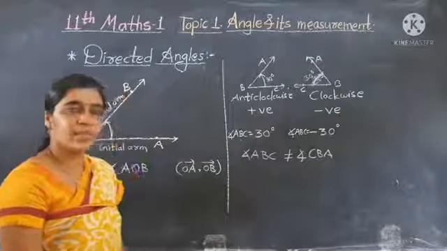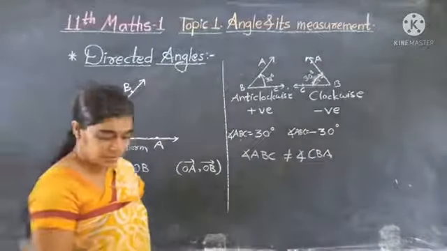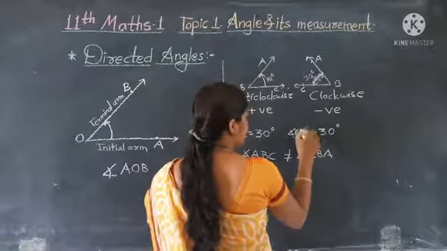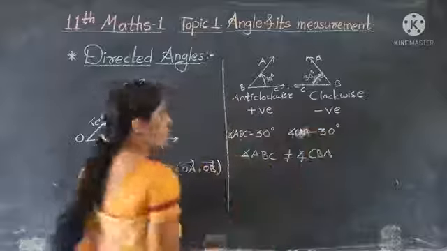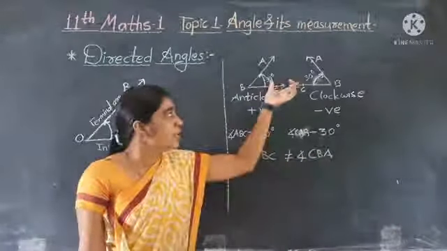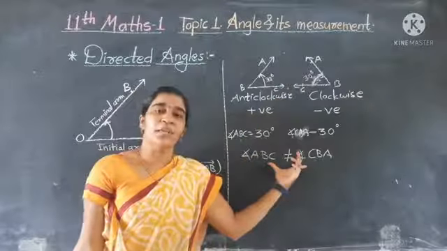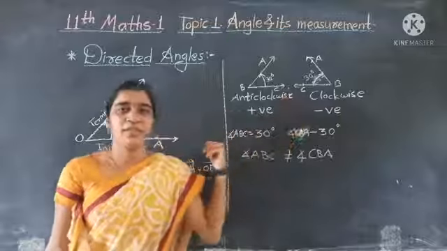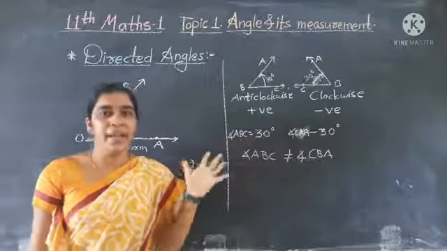This angle is ABC, this angle is CBA. Here both the directed angles are not the same because one is positive and the other is negative. Okay, understand, the first point is the directed angle.